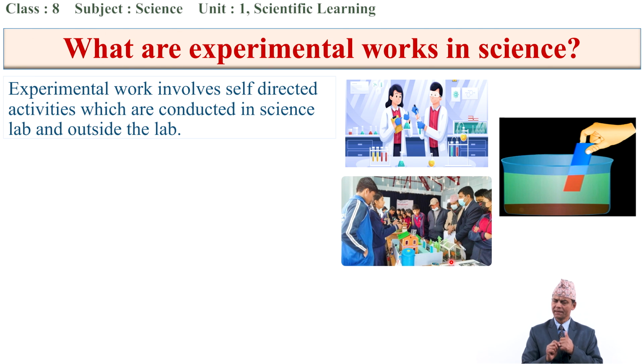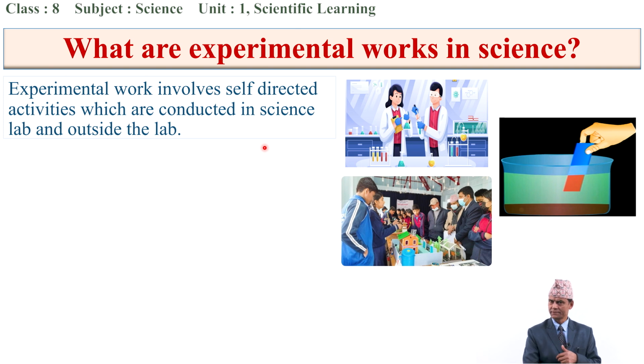Let's check. Experimental work involves self-directed activities which are conducted in the science lab and outside the lab. Remember, this experimental work is not conducted only in the science lab. It can be conducted in the playground, in the forest, in any area, inside the classroom, or at home, or on the way, wherever we are, isn't it?